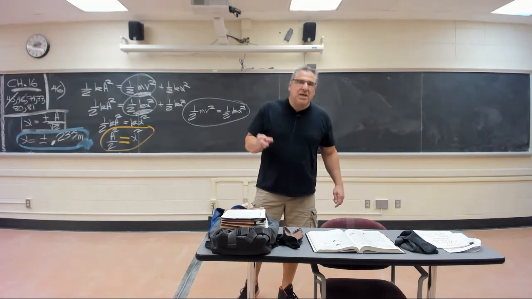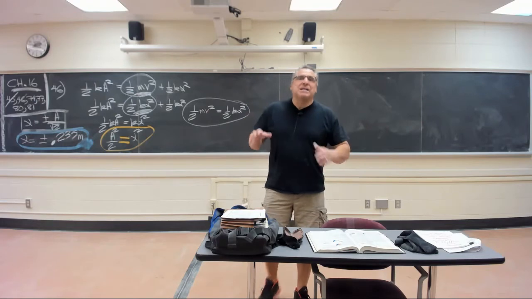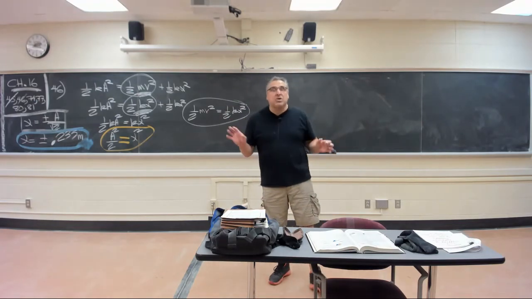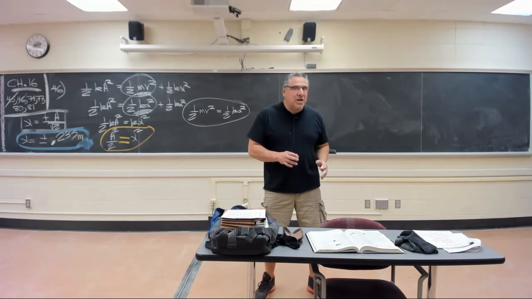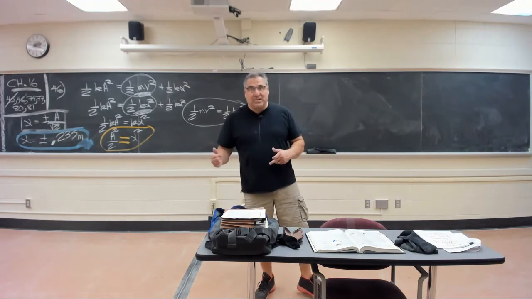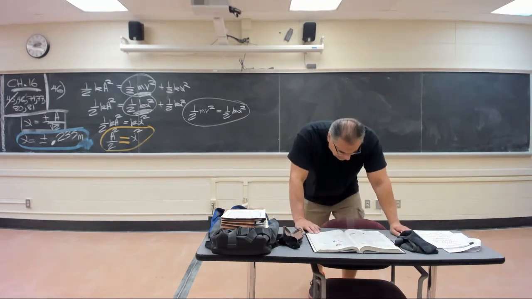Maximum potential energy equals maximum kinetic energy, but they never happen at the same time. Maximum potential energy means no kinetic energy present. It's all potential energy. And maximum kinetic energy means no potential energy present, because it's all kinetic energy. So I can answer D right now.